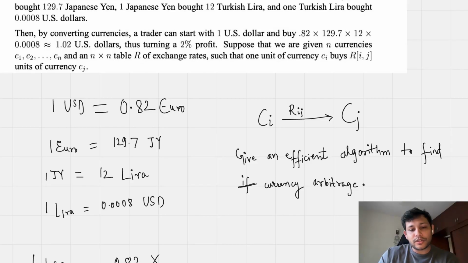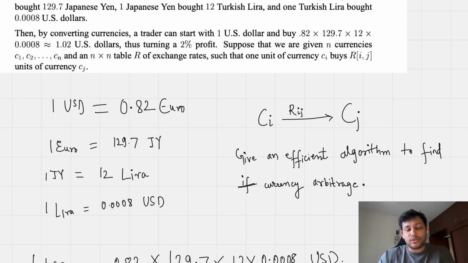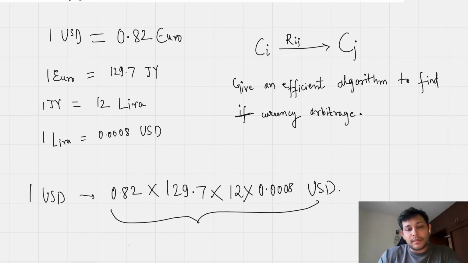With these euros, you can buy this many Japanese yens. With this, you'll be able to buy 12 liras, and with these many liras, you can buy again this many USDs.